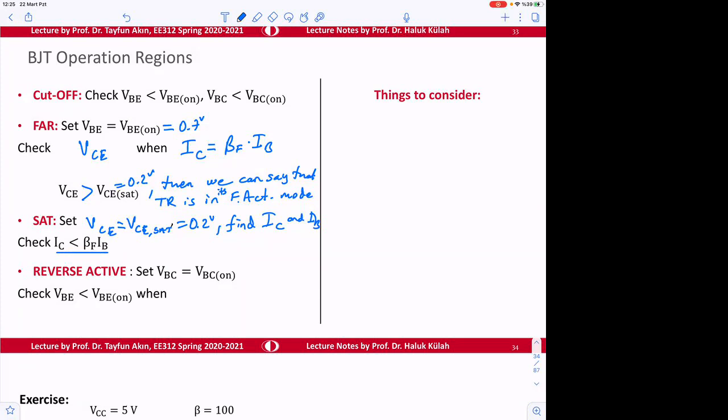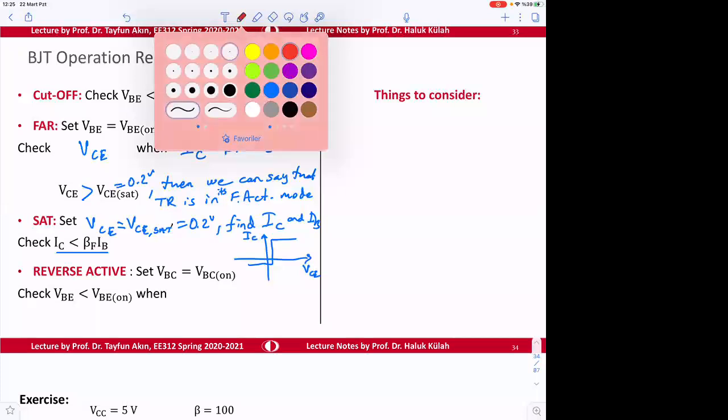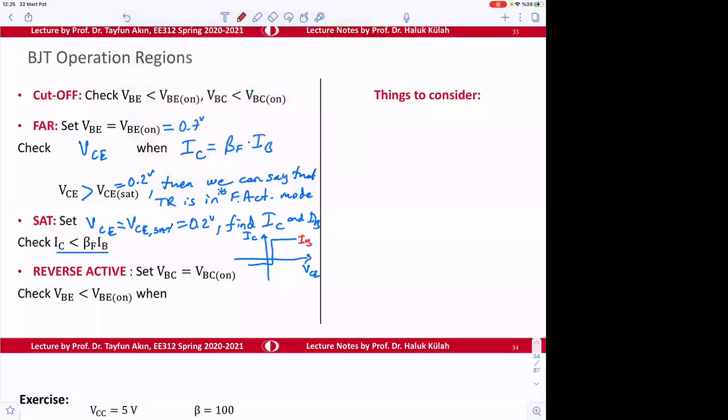Why is this the case? Because in normal operation, we say that this is going to be the value, and this is IC, this is VCE. In normal operation, we say that this one is equal to I base, and this is equal to beta forward times I base.